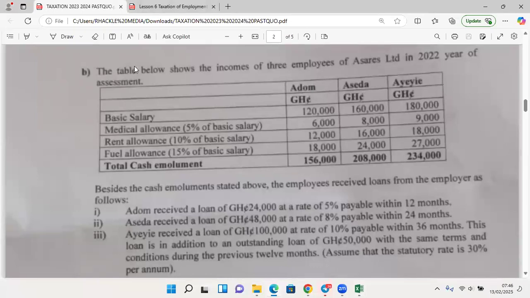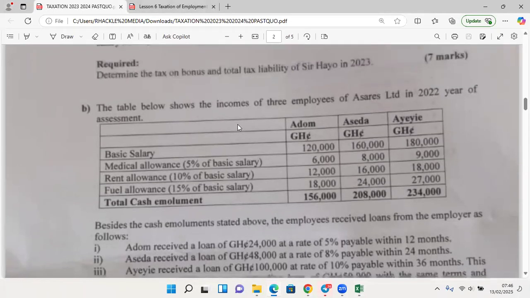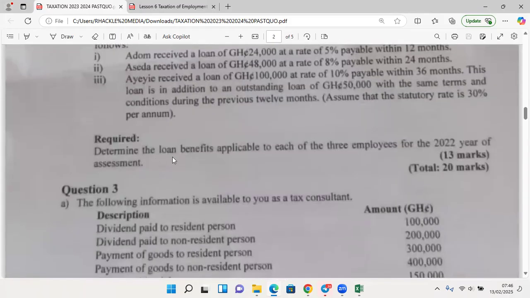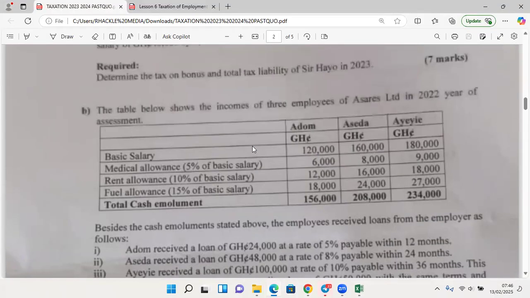So now let's use this. The requirement is to determine the loan benefits applicable to each of the three employees for 2022 year of assessment. So the table below shows the incomes of three employees of Asari Limited in 2022 year of assessment.